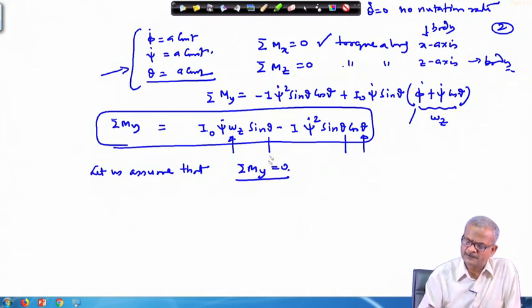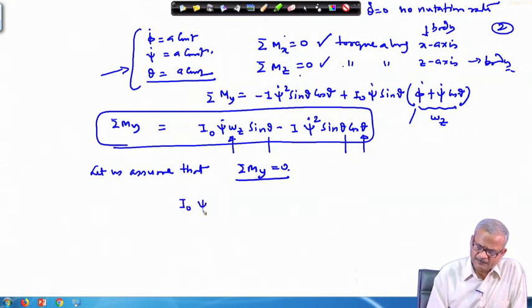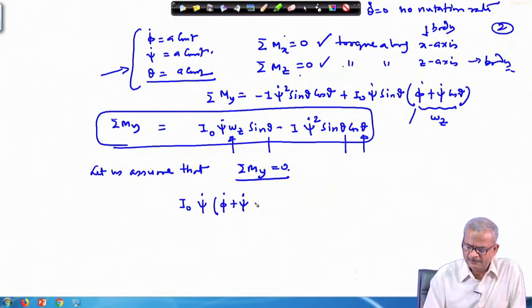So, what does this mean? Already you have no torque along the x axis, no torque along the z axis, no torque along the y axis. So, then this gets simplified to a situation we have been discussing for rigid body dynamics, which is torque free rotational motion of the rigid body. This problem we have already discussed.